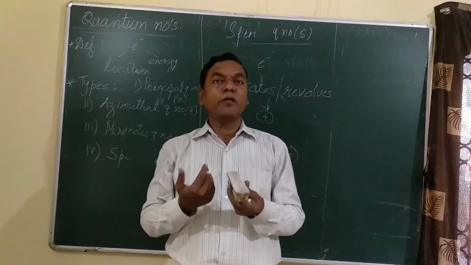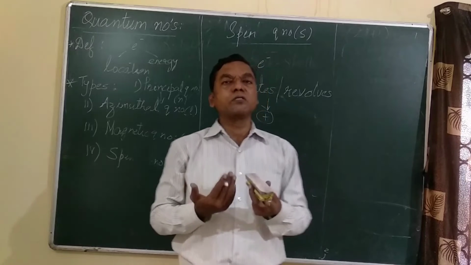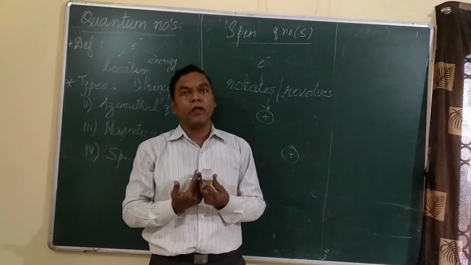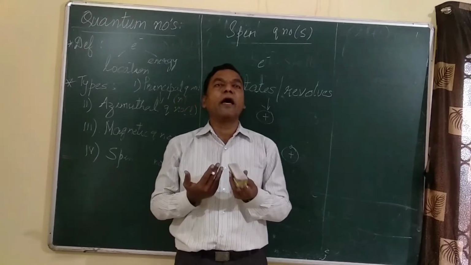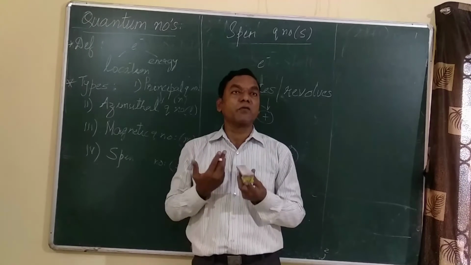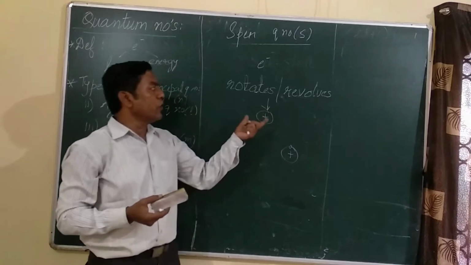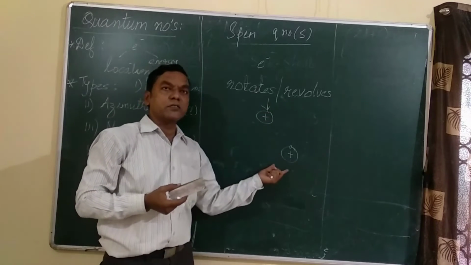Now the second point that we have to discuss here is what the two possible values are, or what the direction of the spin quantum number may be, regarding the spins of them. We said that the electron rotates or revolves around the nucleus.